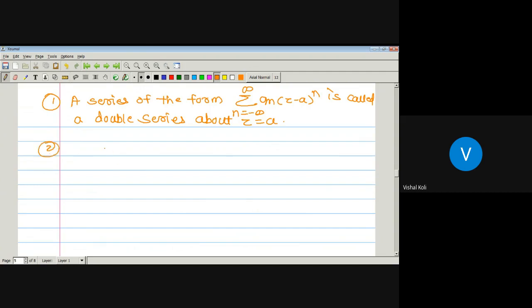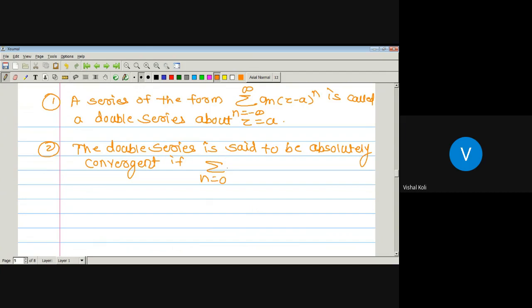Now, second note: the double series is said to be absolutely convergent when the series n running from minus 1 to minus infinity a_n (z minus a) to the power n and the series n running from 0 to infinity a_n (z minus a) to the power n are both convergent.